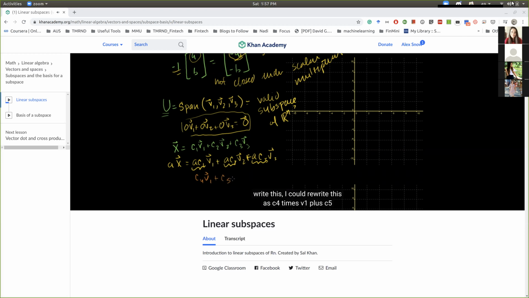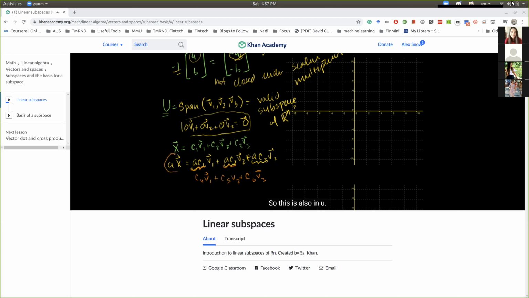This is clearly another linear combination of these 3 vectors. So the span is the set of all of the linear combinations of these 3 vectors, and this is one of them, so it's also included in the span. So this is also in U. It's also in the span of those 3 vectors. So it is closed under multiplication.